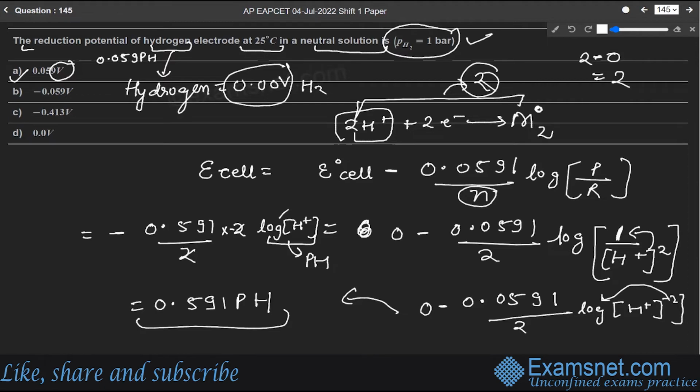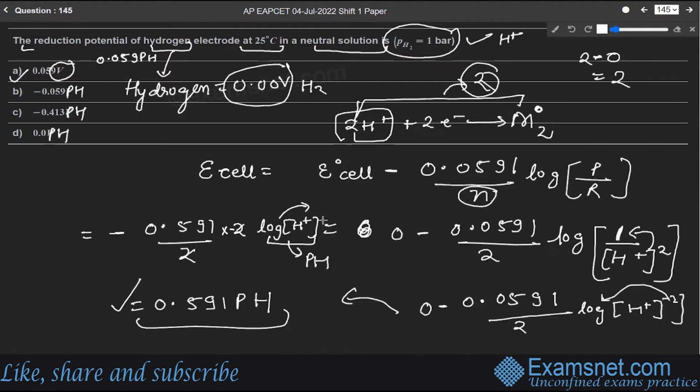Because that's log H positive. If the answer is to be in volts, they should have given the concentration of the H positive ion also. Then only you would get the answer in volts. But right now that's not the case. If the question is this way, you can solve it this way. So option A is matching, and you can correct the options.